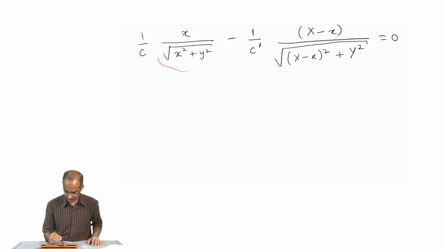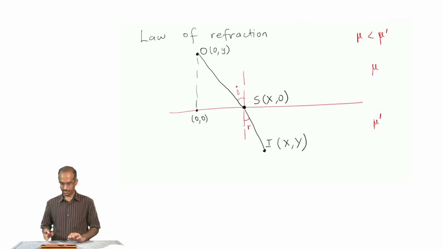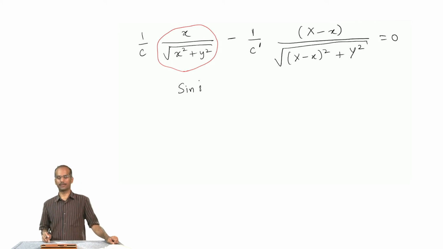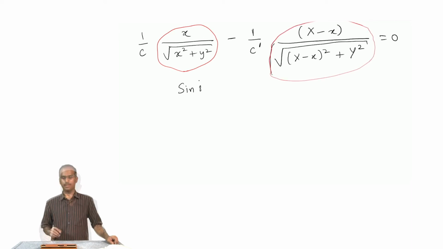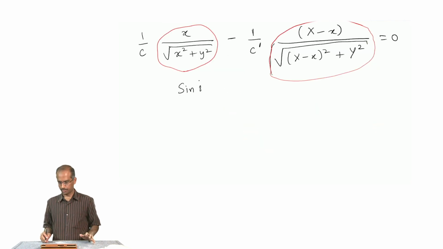This term here, correlated with this figure that I have, will tell you that what I have circled here in red is simply sin I, sine of the angle of incidence. And again you correlate it with this figure, you will notice that that is simply equal to sine r, sine of angle of refraction.